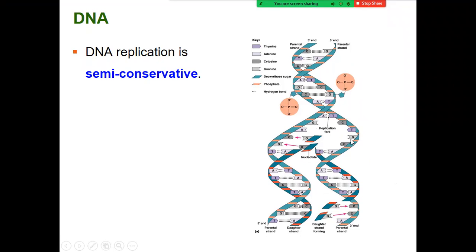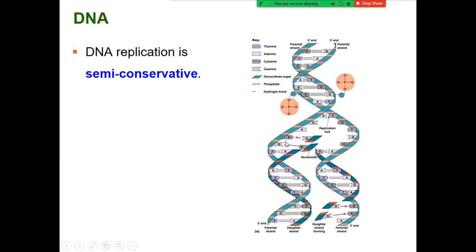But the 2 strands separate, and then the DNA polymerase looks at the nucleotide base on the template strand of DNA, meaning the old strand of DNA, and then adds the corresponding nucleotide to the new strand of DNA. So if G is on the template, the DNA polymerase will add C to the new strand of DNA.